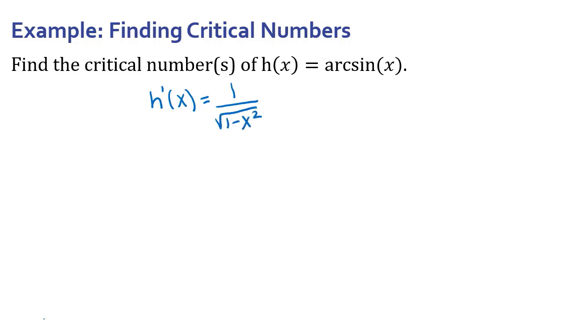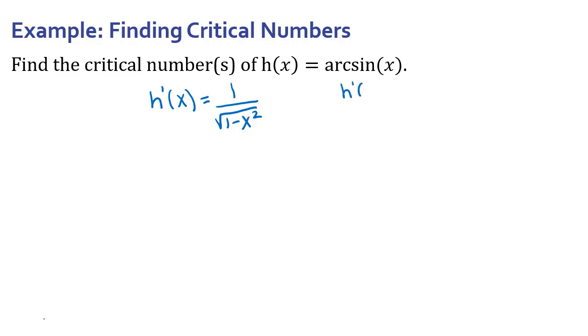So in looking at this, the function will never equal 0. The only way it can equal 0 is if I have 0 in that numerator. The numerator is always going to be 1. But this function will be undefined when that denominator equals 0, because you cannot divide by 0.